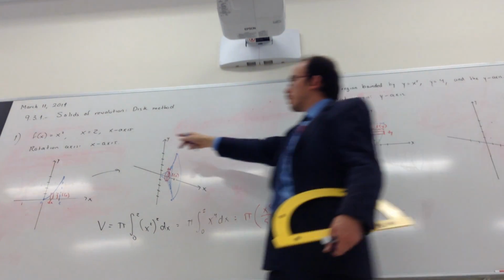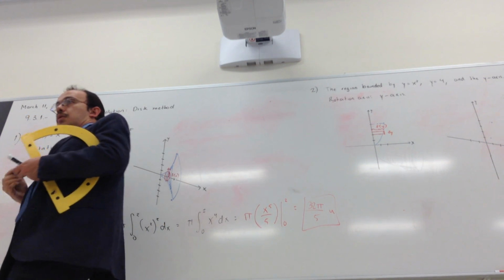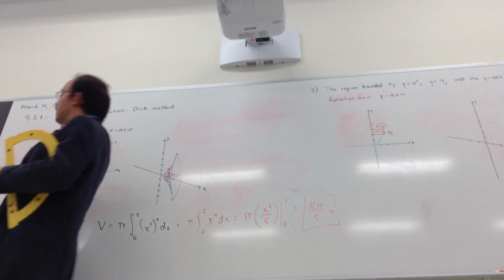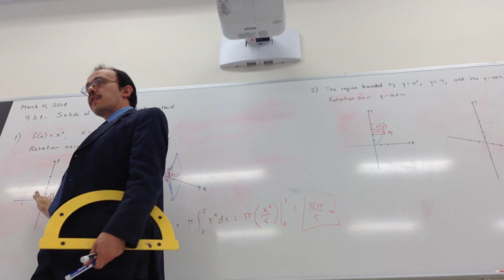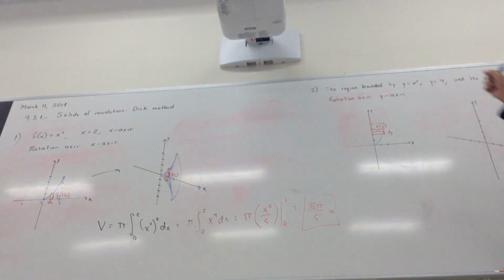This one, 0, 2, 0, 2. So you cannot extend to the other side because it doesn't say that you have another limit. If you have another limit, I'll specify from x equal to minus 2 to 2 or something. So, that's my parabola.